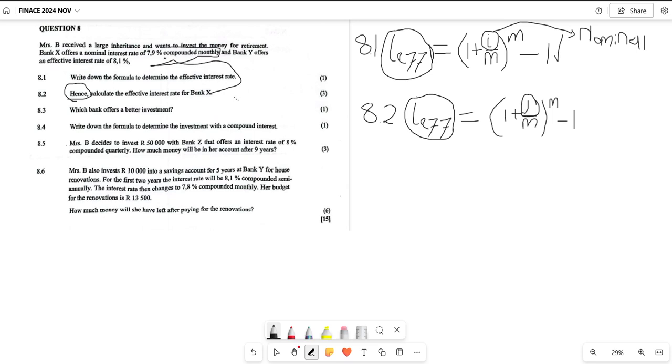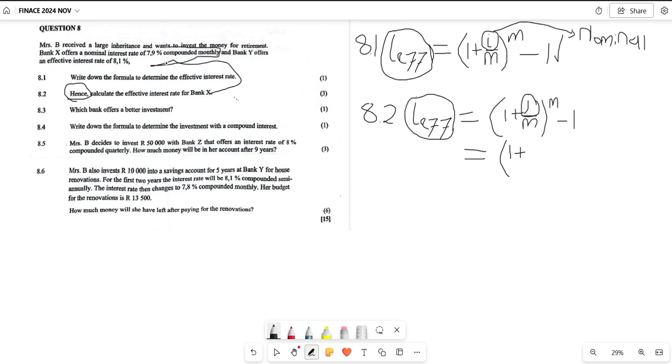This compounded monthly is our compounding period. Then from this formula, let us substitute. In bracket, 1 plus. Remember here, we have I nominal in percentage divided by the compounding period. You first have to divide this nominal interest rate by 100%.